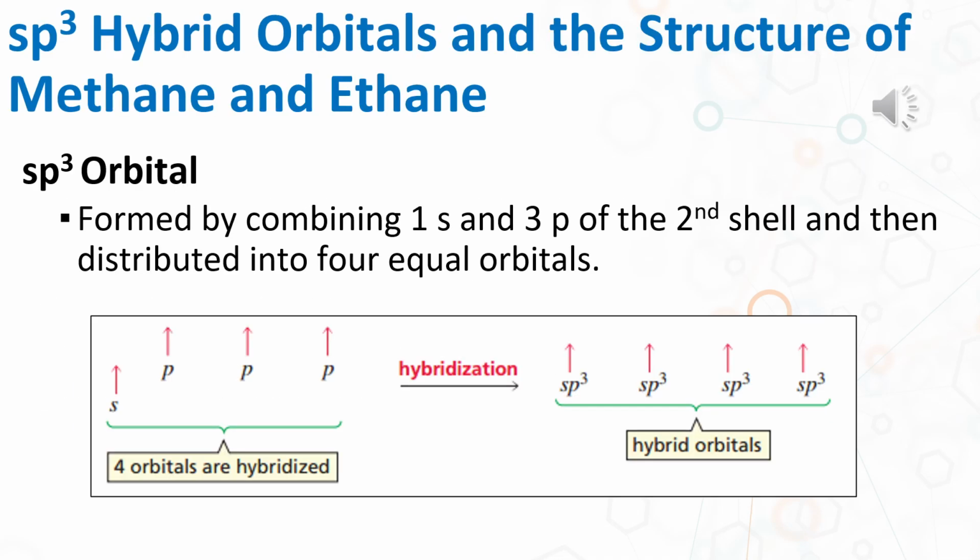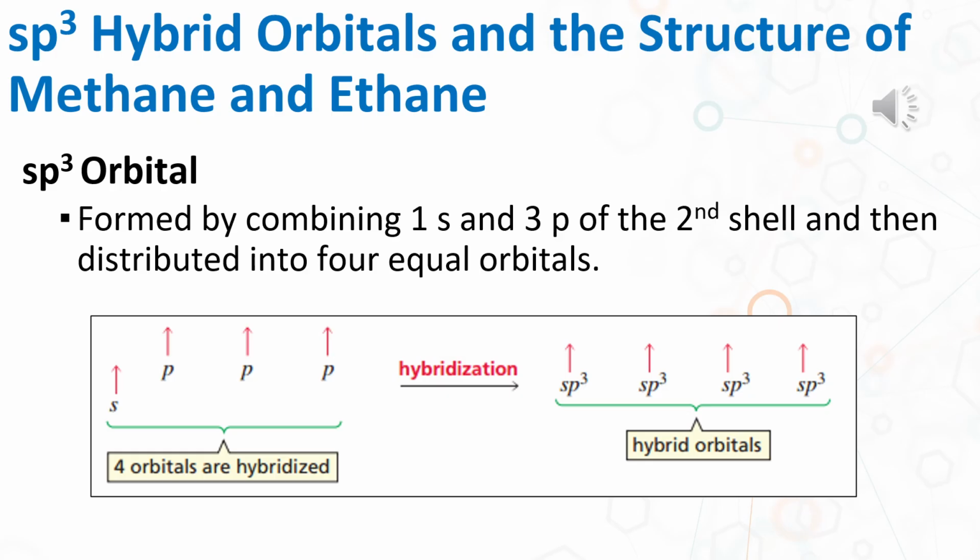Let's have the sp3 hybrid orbitals and the structure of methane and ethane. In sp3 hybridization, one s and three p orbitals combine to form four identical orbitals. Kindly take note of that. The geometry of this combination is called tetrahedral.